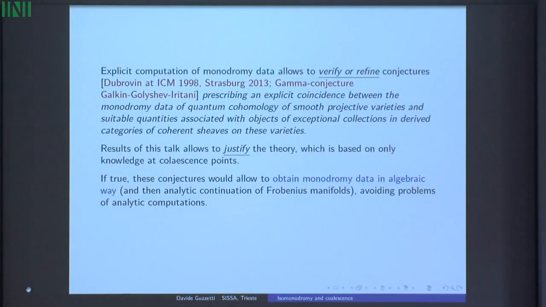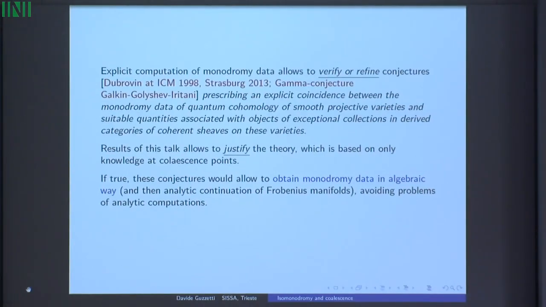There are some algebraic objects which are associated to your manifold. Compute algebraic quantities which algebraic geometers can compute. These are the data of your manifold. So the first point was, is this conjecture true? We verified this and actually refined this conjecture using the result we had.